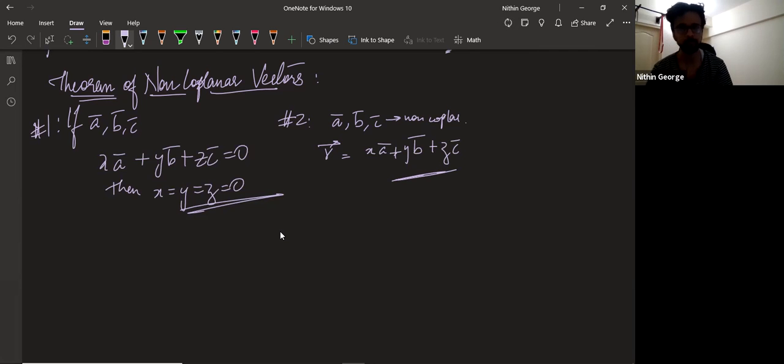That's the idea. So any vector R can be defined like this.